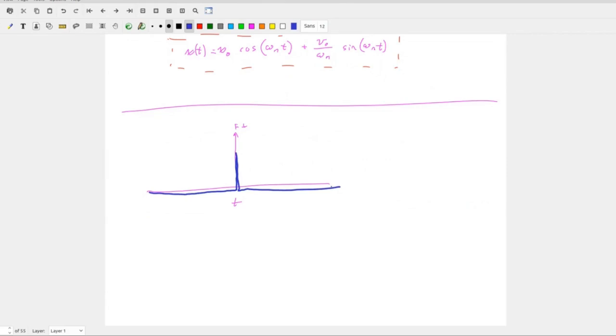We don't really have any time under our impulse, but we have a high force. However, to make it simple, let's just call this 1. So mathematically, we have an impulse response function of 1, and that can be represented by the symbol delta.